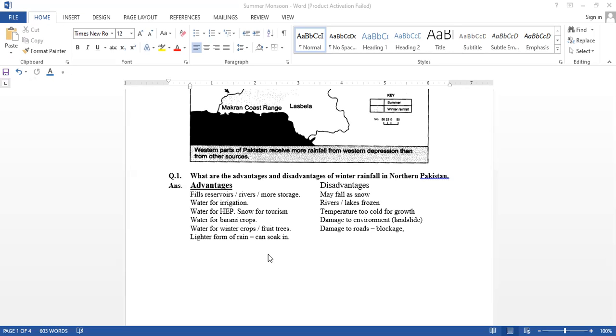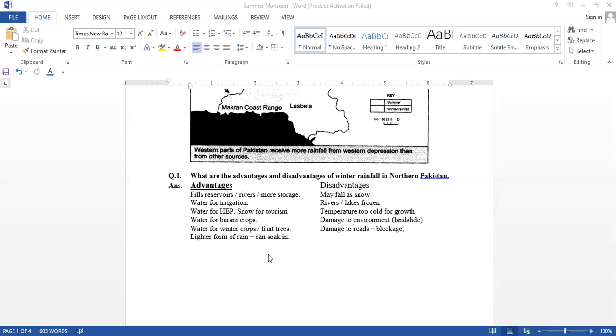During the winter season, if rain occurs with the source Western Depression, in the Barani areas some crops are cultivated. They are also naturally irrigated. Barani crops mean crops that depend on rain. The Barani area in our country is Rawalpindi or the Pothohar plateau area, because basically this area is not level.